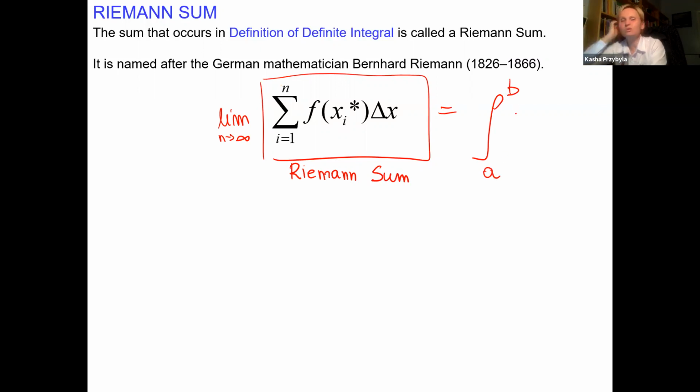Riemann was theoretically playing with a finite number of rectangles, while we integrate a function with respect to x. Please remember, if you get a question to compute a Riemann sum, it's just adding all of the rectangles, nothing else.